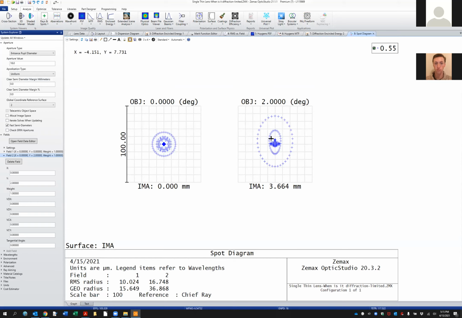And because it's tighter in one direction, that manifests as a smaller spot size in this direction than in this direction. And if it is smaller in this direction, well, spatial frequencies are inversely proportional to spot size. So that means that it's not going to spread out.